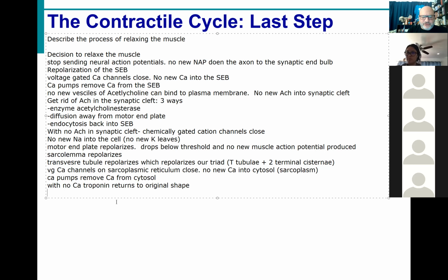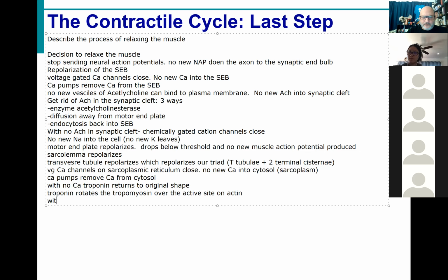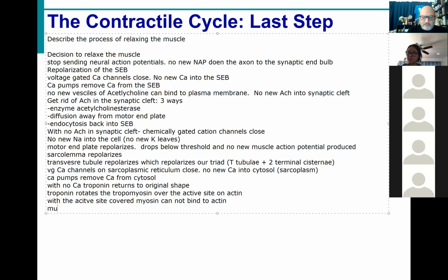When it returns to its original shape, what does troponin do? It rotates the tropomyosin over the active site. And when the active site is covered, myosin can't bind to the actin, so the muscle relaxes. And there you go.